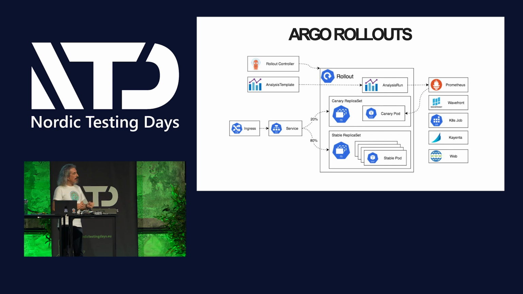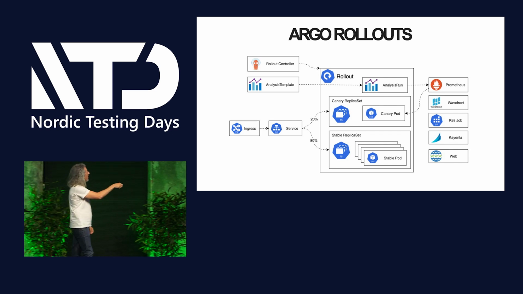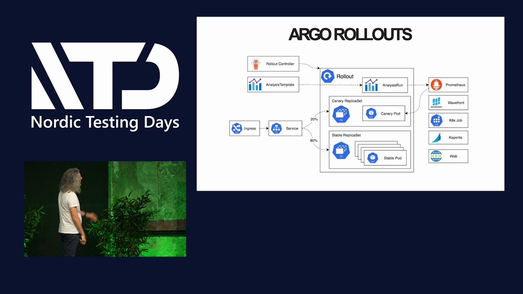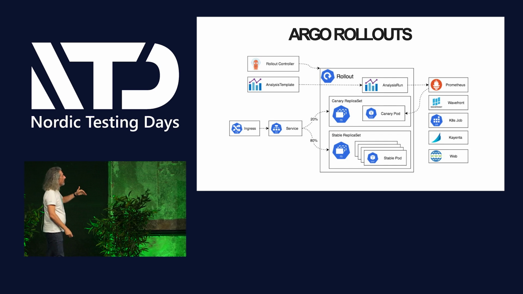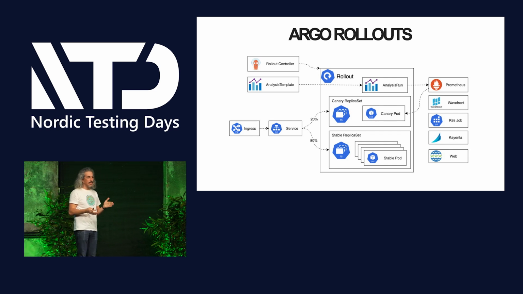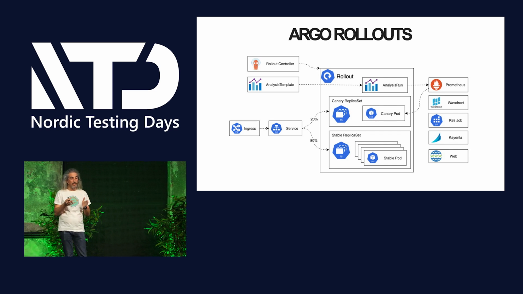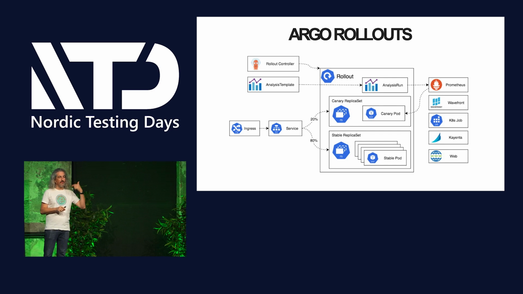So you have traffic coming from the left through the ingress into the service, and then the rollout is going to manage 2 replica sets. This is a Kubernetes concept also. The replica set is typically used with deployments, but now the rollout takes over and has 2 replica sets, one for your stable version and one for the Canary version.